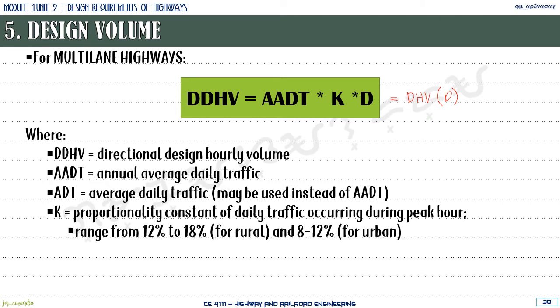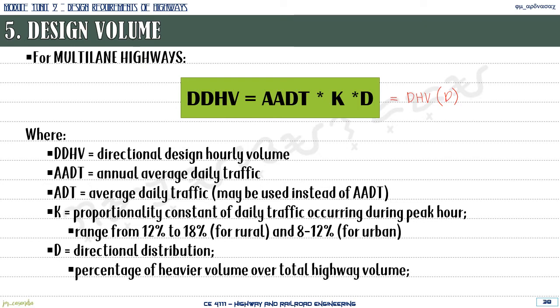So for rural highways, this will be 12% to 18%, and for urban highways, it will be between 8 to 12%. So the D here is your directional distribution, which is simply a percentage between the directions on your highway. And the directional distribution is the percentage of the heavier or higher volume. So this would usually range between 60 to 70%.